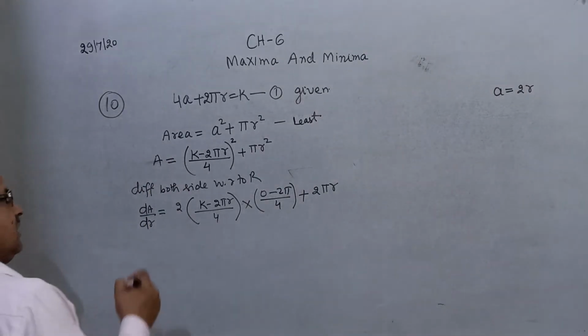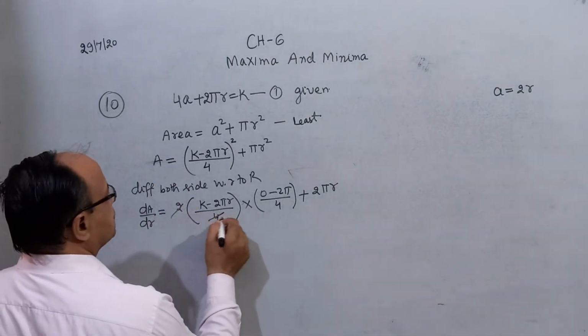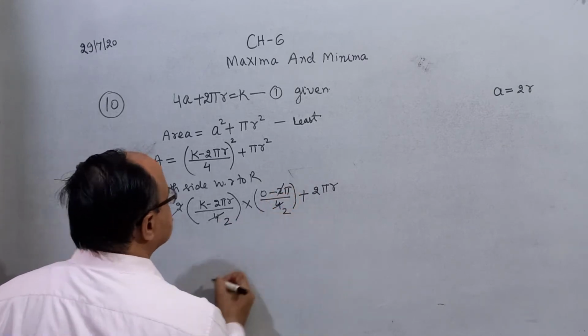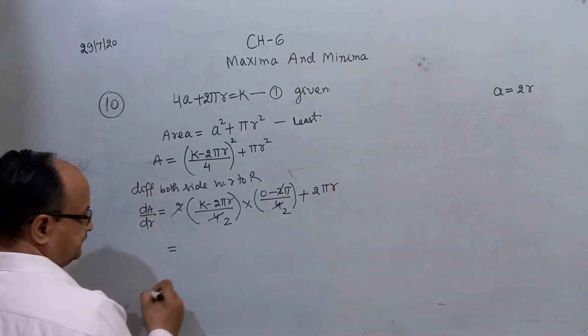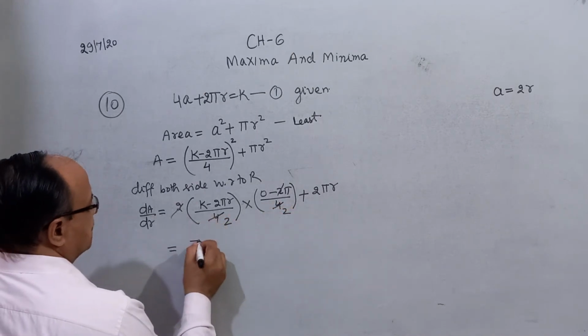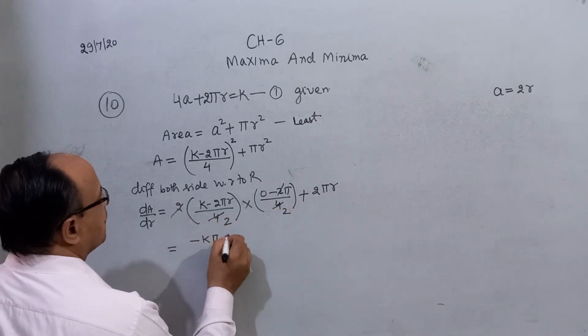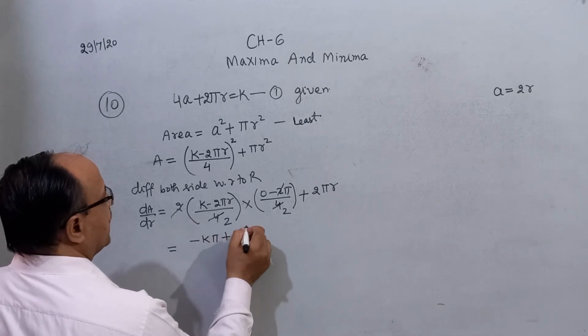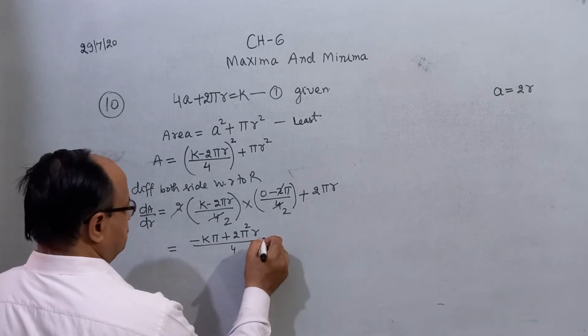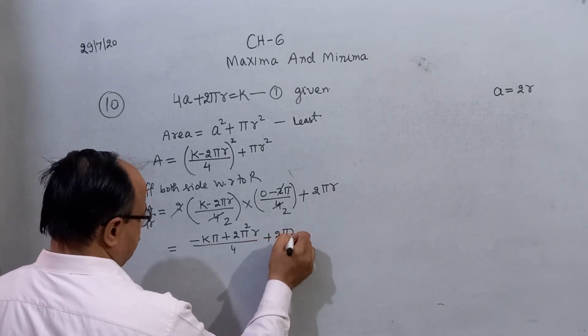Correct? Now simplify. 2 cancels with 4, and this also cancels. Therefore this is minus pi. Multiply minus pi with this: minus k pi plus 2 pi square r upon 4, plus 2 pi r.